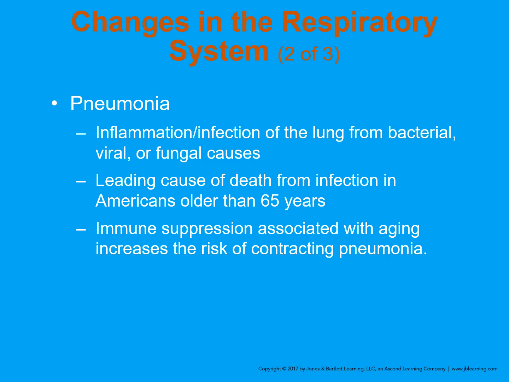It gets in there, it causes inflammation and fluid buildup. It's the leading cause of death from infection in Americans older than 65. Immune suppression associated with aging increases the risk of contracting pneumonia. So you get a simple upper airway infection and it will much more often for the geriatric patient become pneumonia.